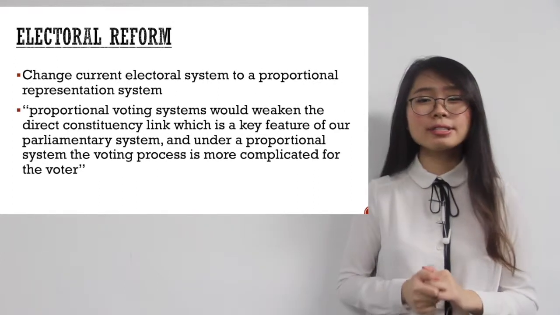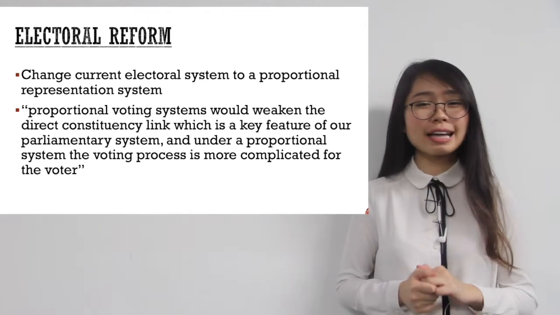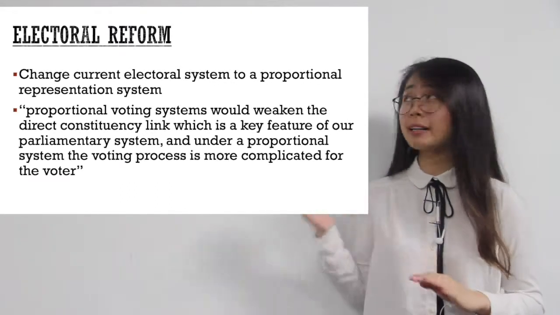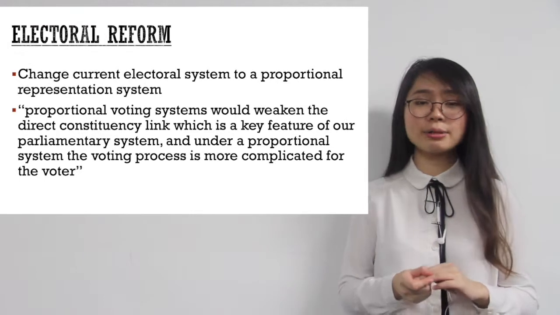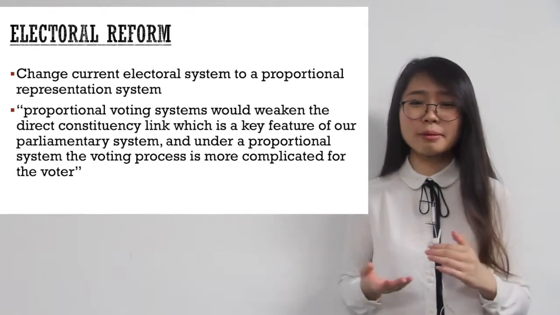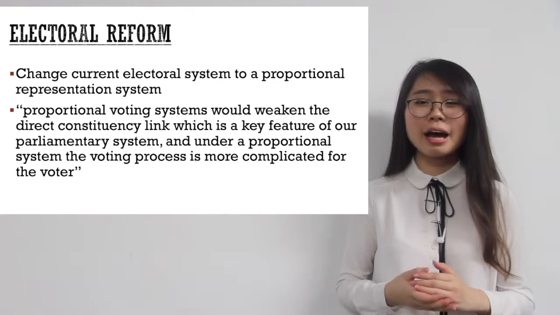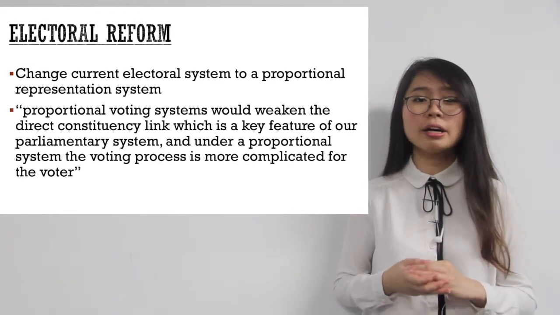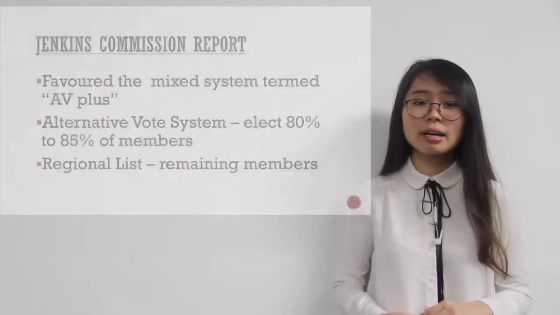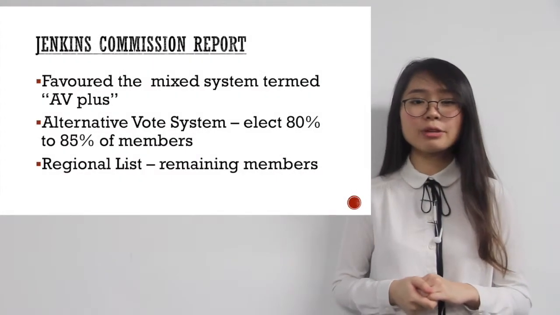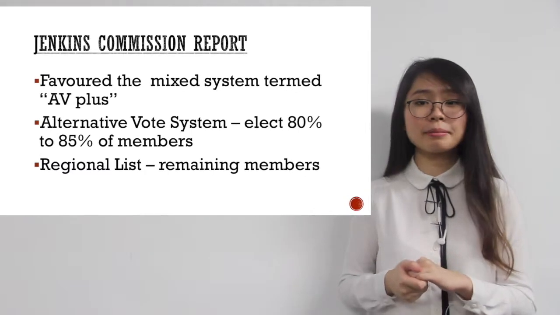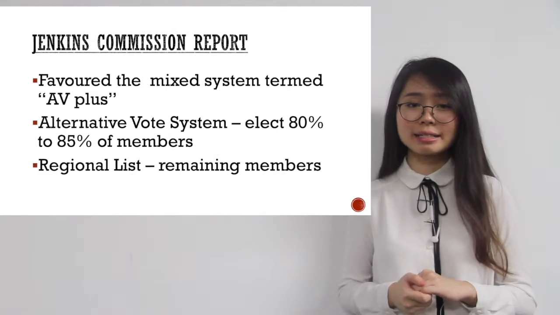However, ministers sitting in the parliament are still skeptical and think that a proportional voting system would weaken the direct constituency link, which is a key feature of their parliamentary system, and that under a proportional system, the voting process is more complicated for the voters. In 1998, it was reported that there had been a favor of a mixed system termed AV+.